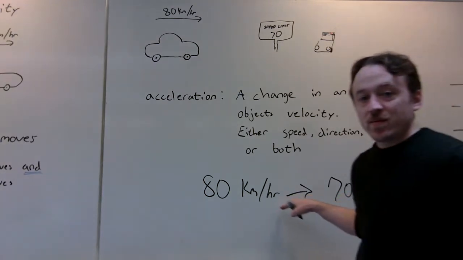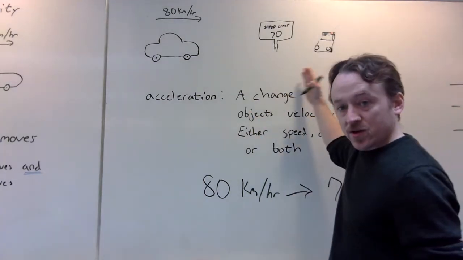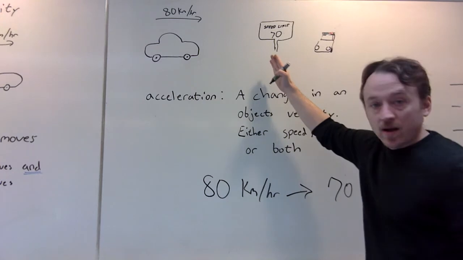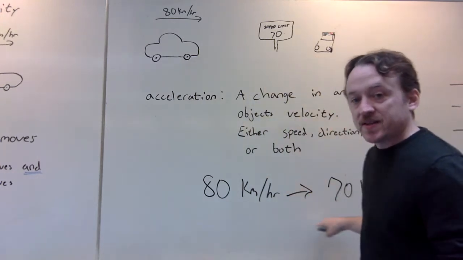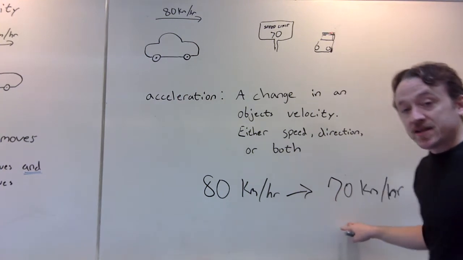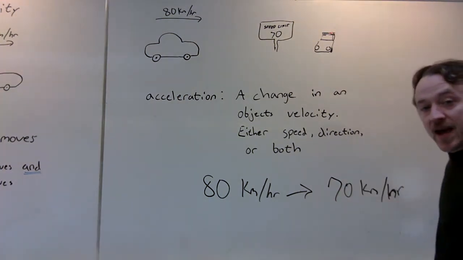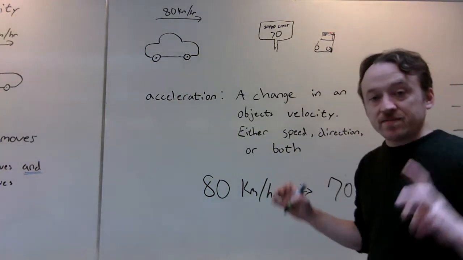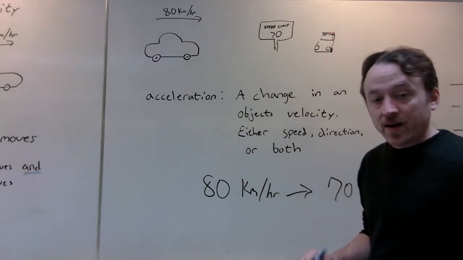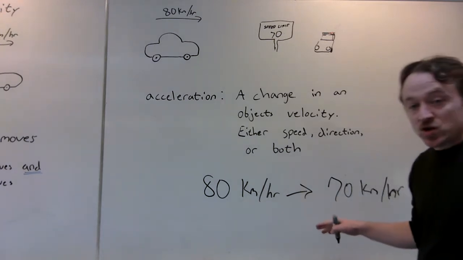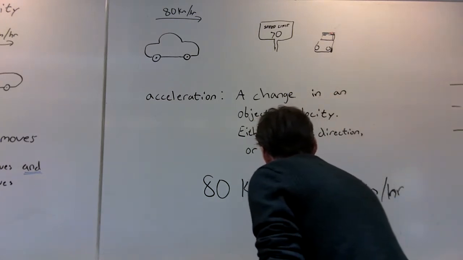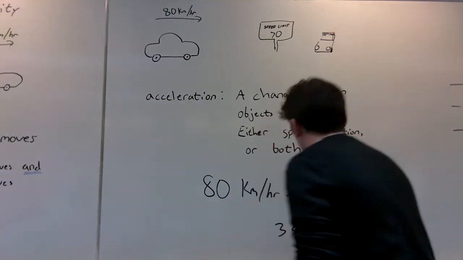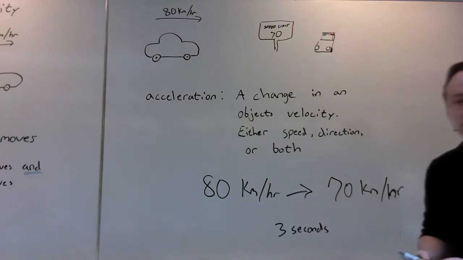During that time, while he was slowing down, or she, whoever is driving that car, by the time they came up to the cop, that driver was experiencing acceleration. Only during that time. After that time, it could be going 70 afterwards and maintaining a constant velocity at 70. But during that time, let's say it took 3 seconds to slow down. So over this amount of time, there was 3 seconds.